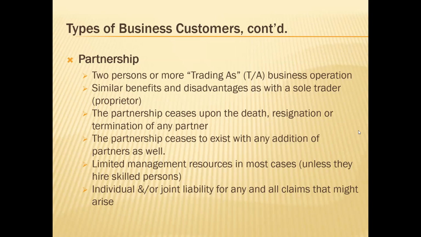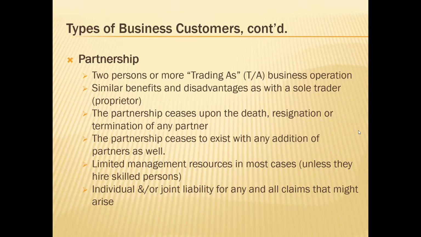So limited management resources in most cases, unless they hire skilled persons, again, similar to the proprietorship. There is individual and or joint liability for any and all claims that might arise. So in the event of a claim against the company, whether it's a defaulted loan or whether someone slips and falls in your business, they can come after any one of the partners, or they can come after you both.